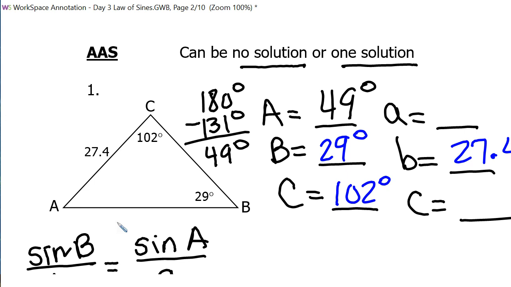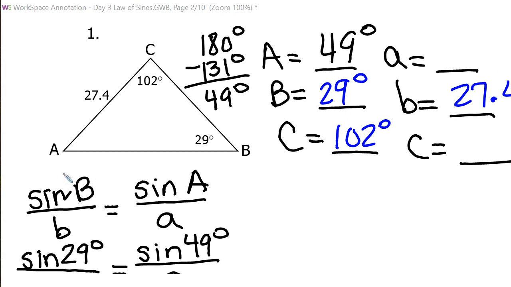And side A, that's what we're solving for. Now, I have a proportion. So to solve a proportion, I need to cross multiply. So this would be A times the sine of 29 degrees is equal to the other cross product, 27.4 times the sine of 49 degrees.